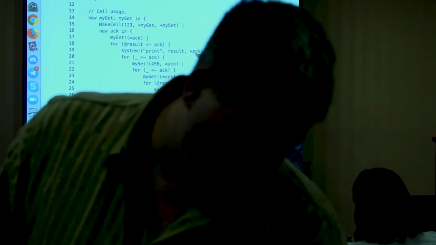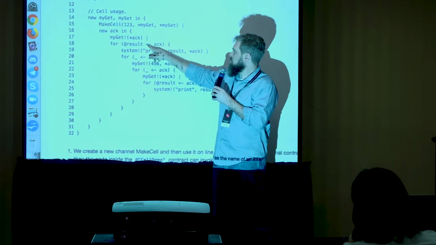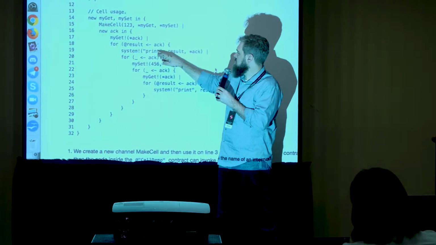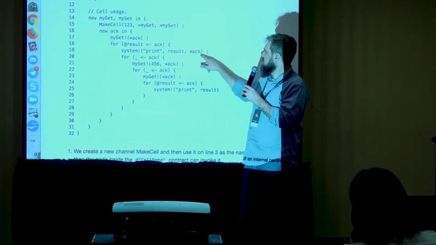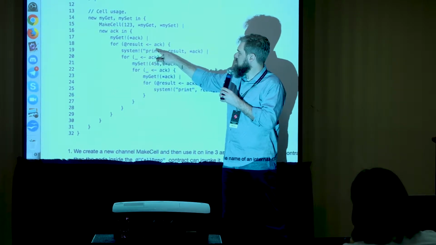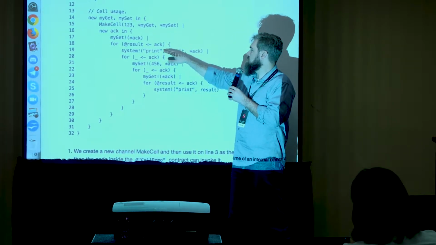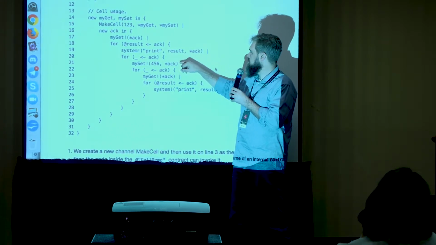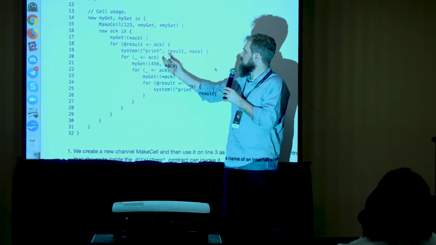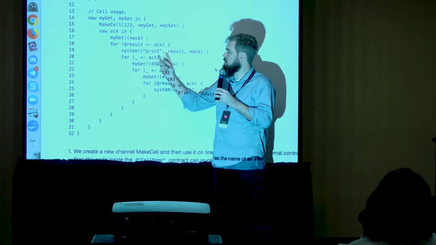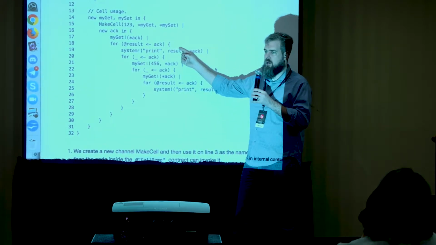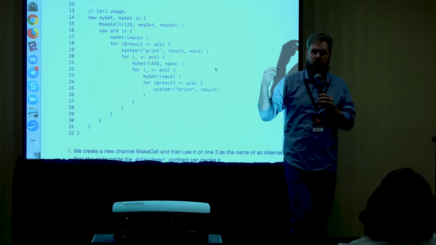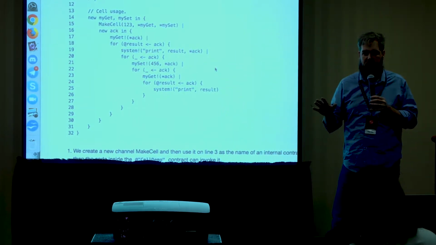And when I get the value here, it gets bound to result. I send system.print result. Now in this case, print expects either an arbitrary number, expects 2 or 3. So the view we saw before did print with a single thing to print. This one has a third parameter that is the return channel to say, okay, I'm done printing.